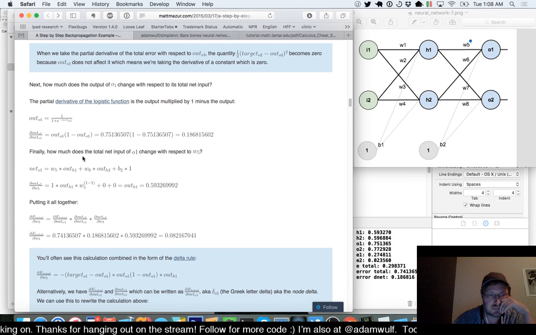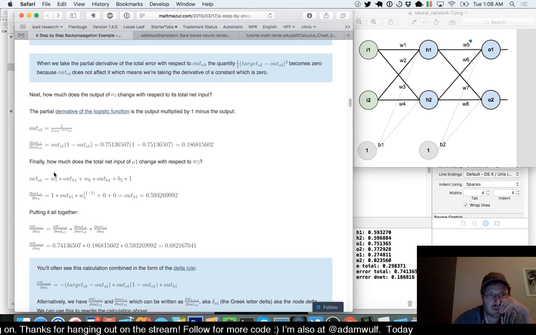So, yep, so here's our net formula, right, which is right there. And then he takes that with respect to W5, which is just going to be out of H1, right? Yeah, so just its output of H1.